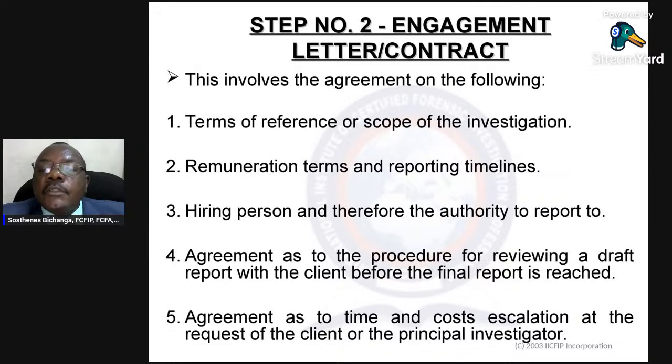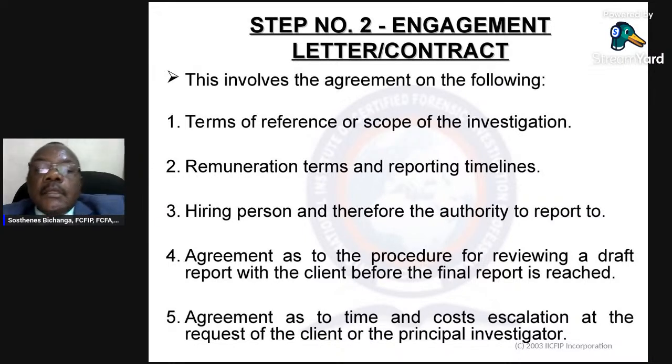The cost escalation clause is therefore mainly for the client, because the client has the flexibility to ask you to carry out more investigation tests. If that was not initially agreed, then you must sit down to a negotiation, and this negotiation may result in a time extension and also more cash to the investigation team.